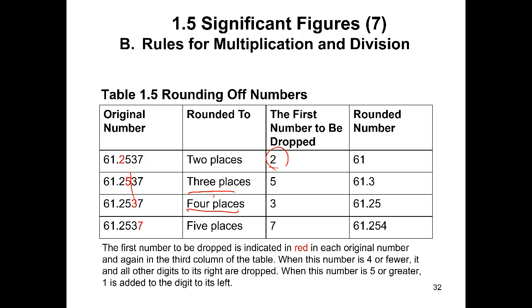And if I'm doing 5 places, I'm going to use the 6th digit to round that one up to 2.54. Okay, so when you're rounding, you're going to round to the one that you're not dropping, okay?